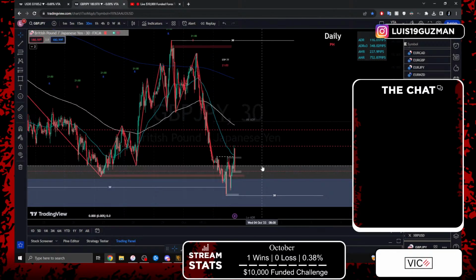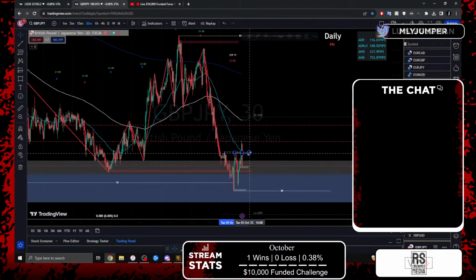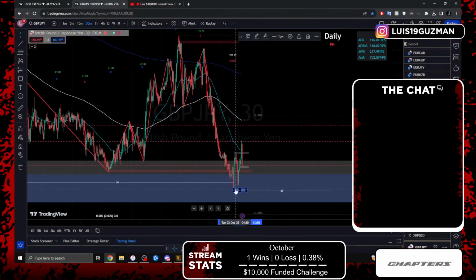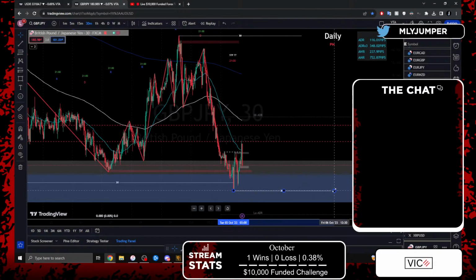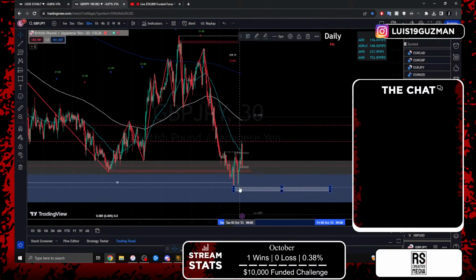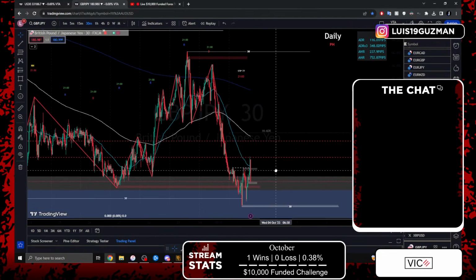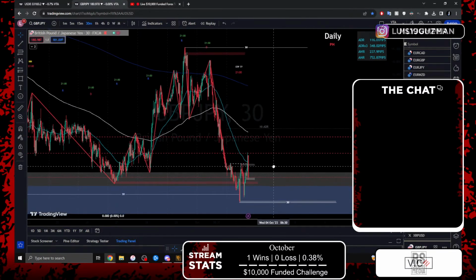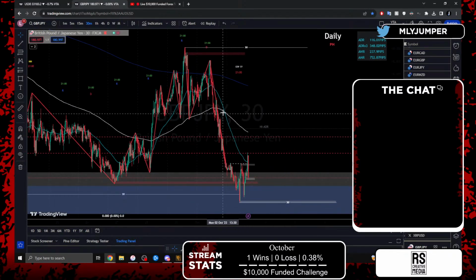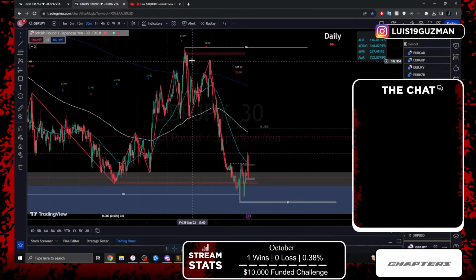I'm gonna keep it. Technically speaking, in a higher time frame, we are now in this daily zone here. So we are now trading between this low here and the last green candle before the push, which was here, but it has no top wick.